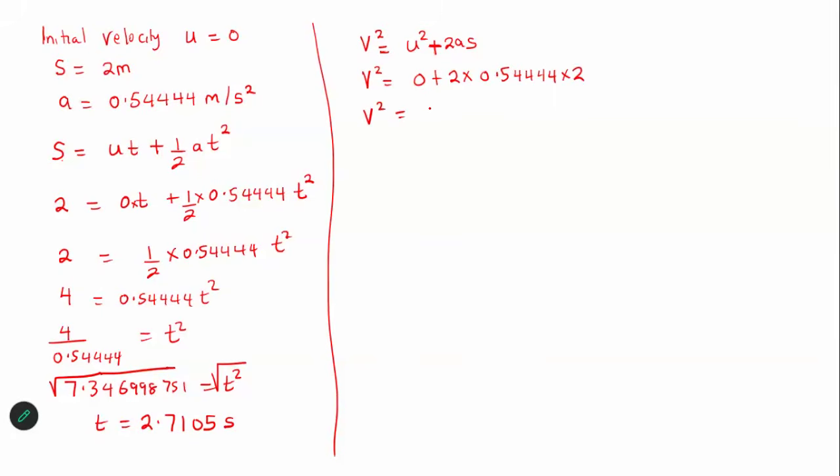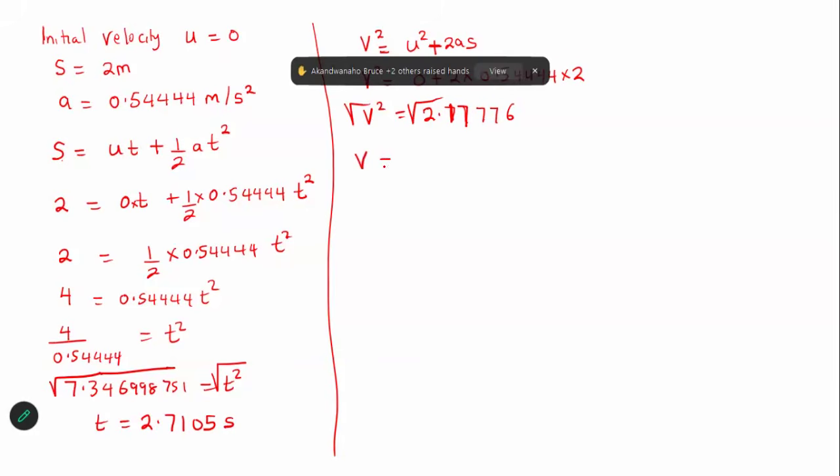When you multiply that, 2 times 0.54444, then times 2, you end up with v squared equal to 2.7776. So when you get the root, our v will be 1.47572. Now, this is the final velocity the particle had when it was reaching the ground.